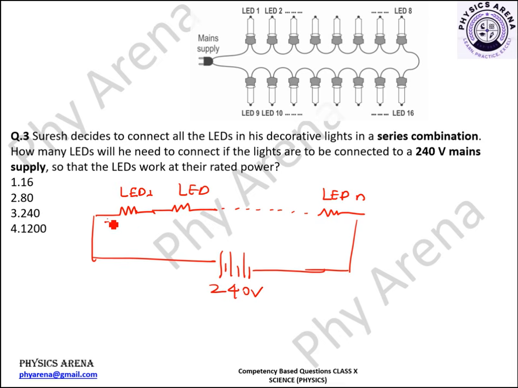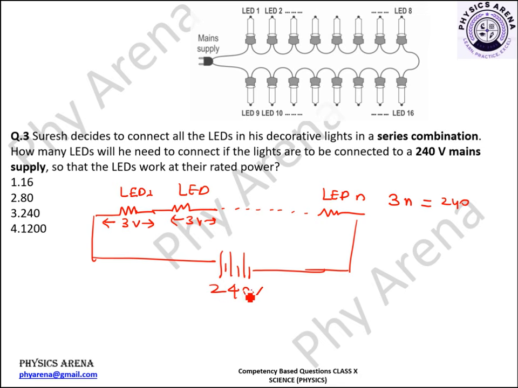Now we know that in the specifications given, 3 volt is the voltage across the LED. So for the first LED, we have 3 volt. And this 240 is getting divided among n LEDs, so that each LED will have 3 volt across it. So what I can write is 3 times n is equal to 240.